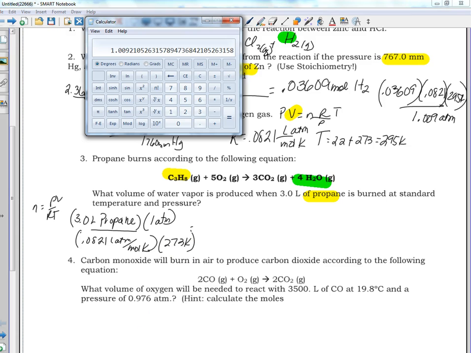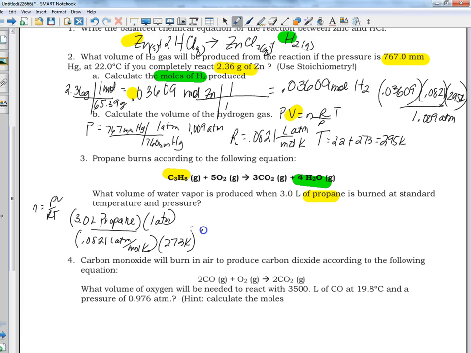I do the math. 3 divided by 0.0821 times 273 is 0.1338 moles of propane.